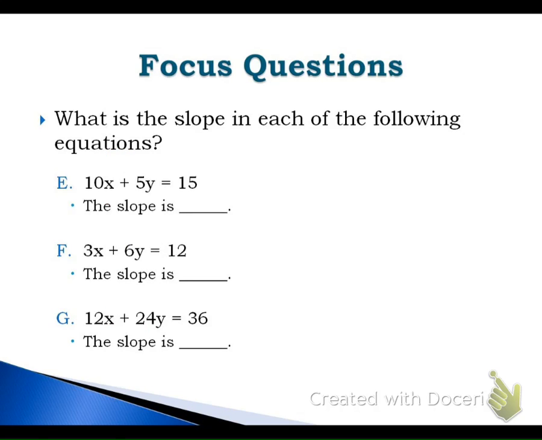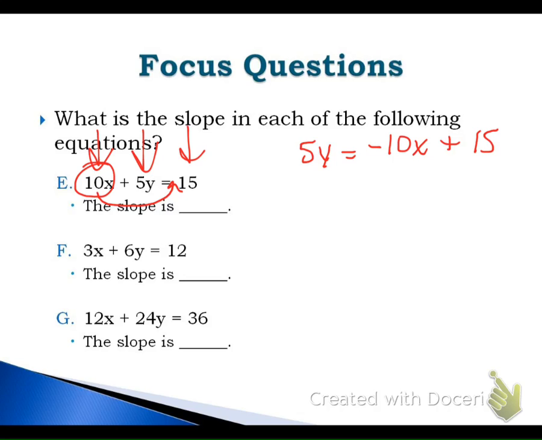On the other hand, when the equation is in standard form, like in examples E, F, and G, all of these, you see your x term plus or minus your y term equaling your constant. Those are not in slope-intercept form, so you will need to convert those. You start off by moving that x term to the other side of the equation. So you write 5y is equal to negative 10x plus 15.